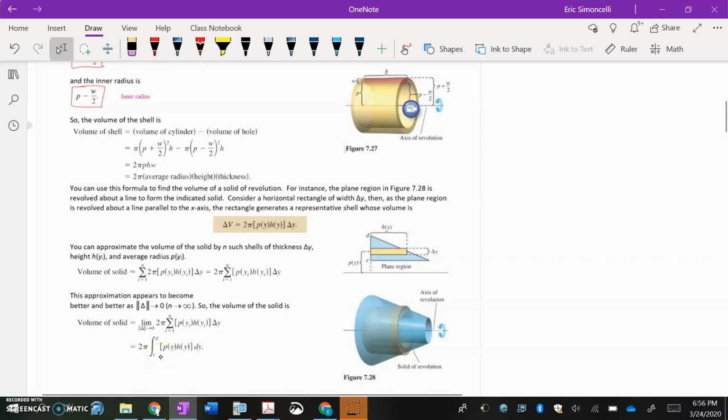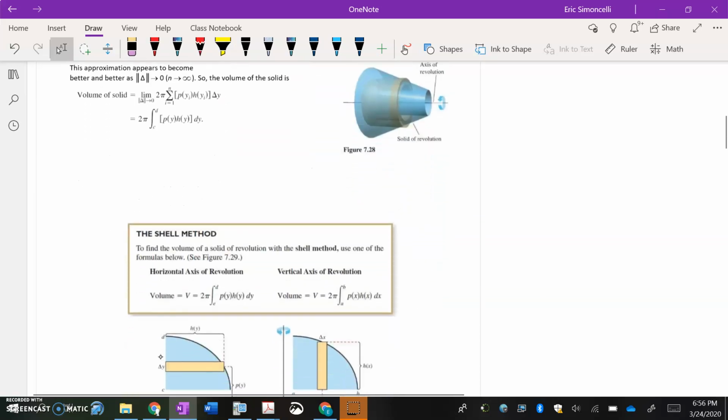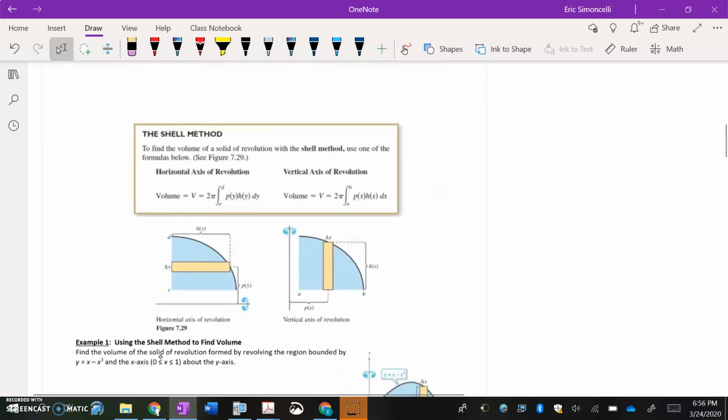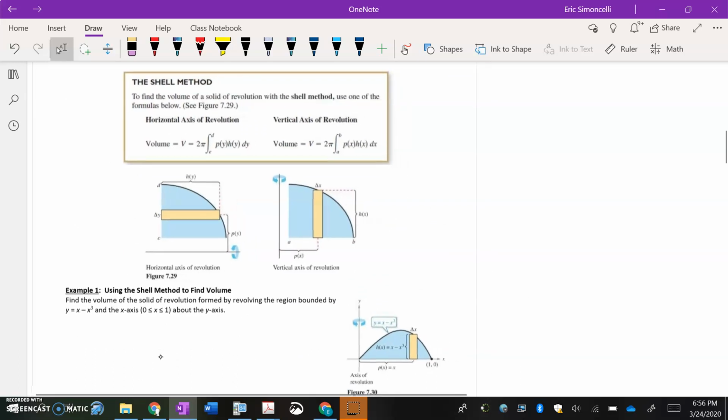Now, on the next page, you can see officially the shell method takes shape, and for our purposes, the actual integrals that take shape. So here's how this is going to work. To find the volume of a solid of revolution with the shell method, you'll use one of the two formulas below.